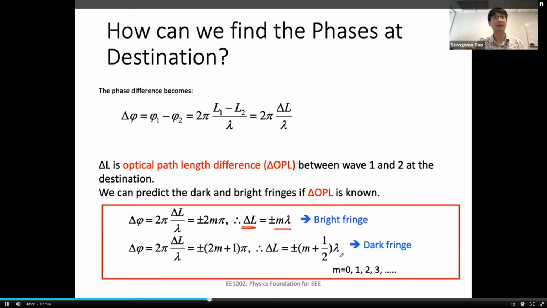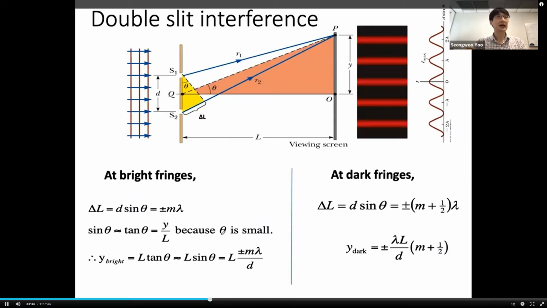If we have m plus half wavelengths, then it will result in the dark fringe. And I also just showed you how we can find the location of the bright fringes using this big triangle, and you can also derive the location of dark fringes following the same procedure.